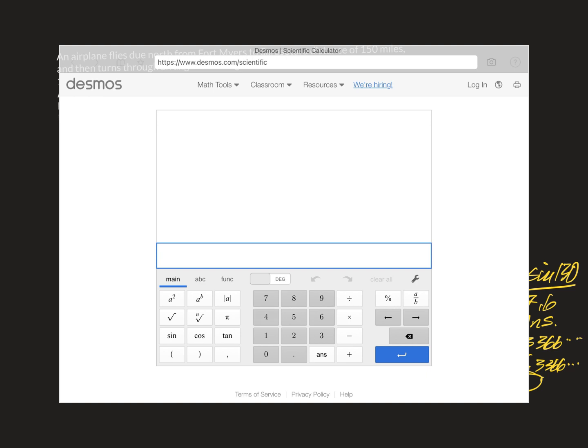And so I entered 100, I should be able to square. Yeah, there we go. Oops, let's go back. Now I gotta delete. There we go. 100 squared.